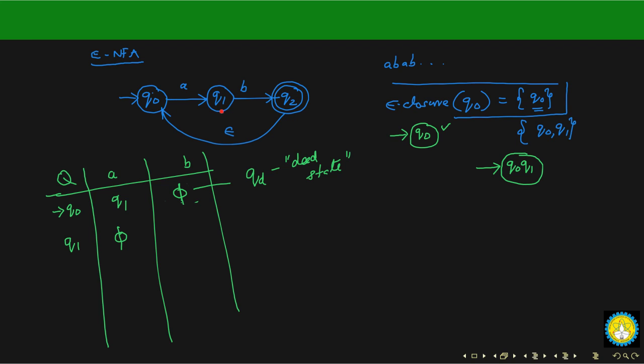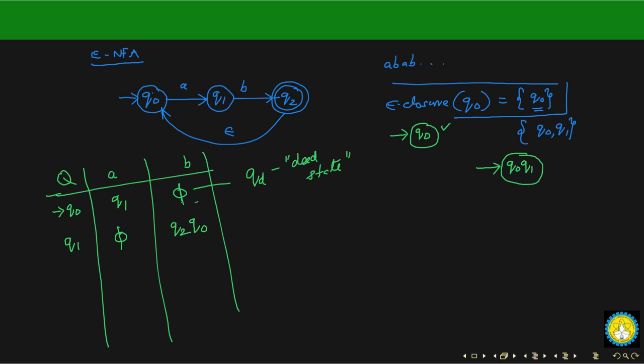That's very important. So the transition of Q1 upon B is going to be Q2 and Q0. I'm just combining them and calling them Q2, Q0. This is going to be very important, so you have to look at combinations. So you're getting a new state called Q2, Q0 here.